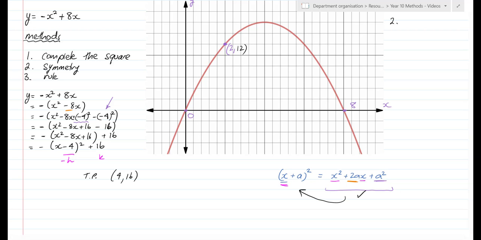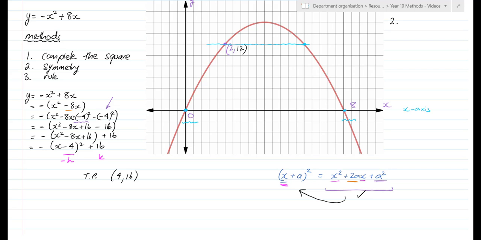The first thing I'm going to do is recognize that the point 0 and the point 8 are 2 points on my quadratic, and they exist on the same horizontal line, which is the x-axis. Now it's really important that I recognize it doesn't have to be your x-intercepts. For example, if I knew the other point on this horizontal line, I could also use that, and that would be fine. But I'm going to apply symmetry now, because I know a quadratic is symmetrical.